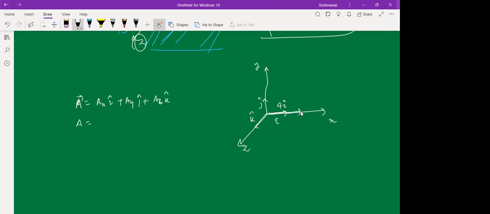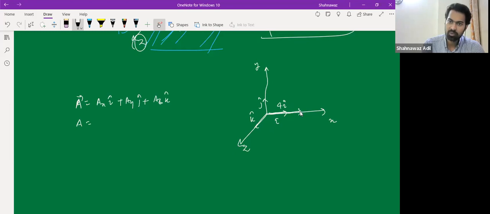And let's say then I move 5 units in y direction. So this is 5j, but this would be 4i plus 5j, right? So this point would be 4i plus 5j, and this is 4i.